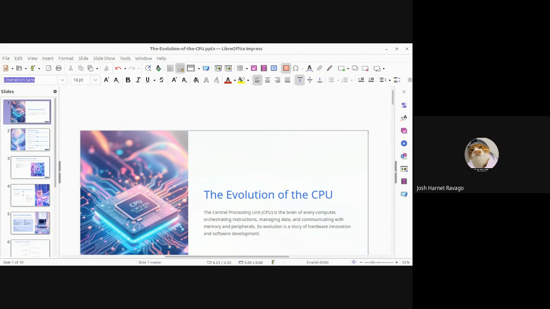The CPU operates as a sequential instruction processor. The core components: the control unit, or CU, directs instructions and data flow.